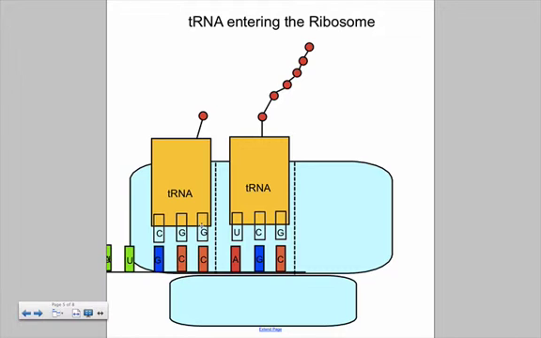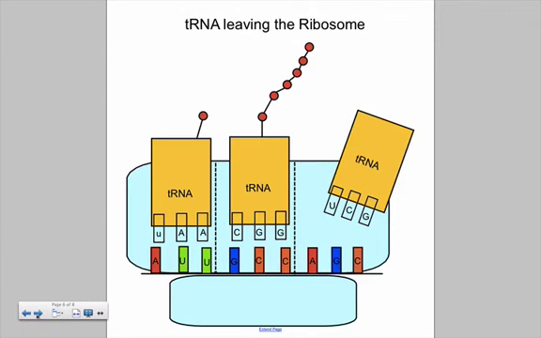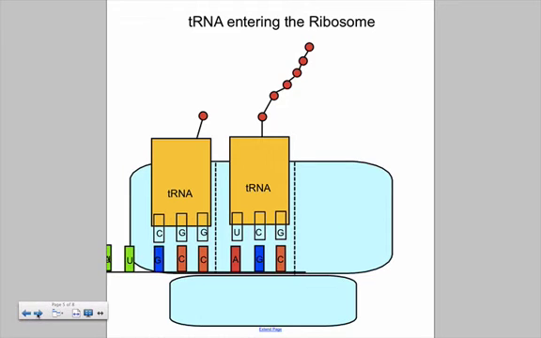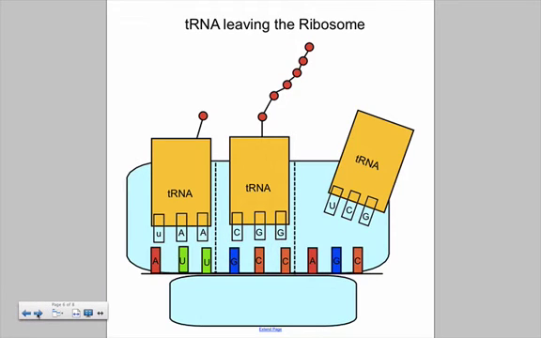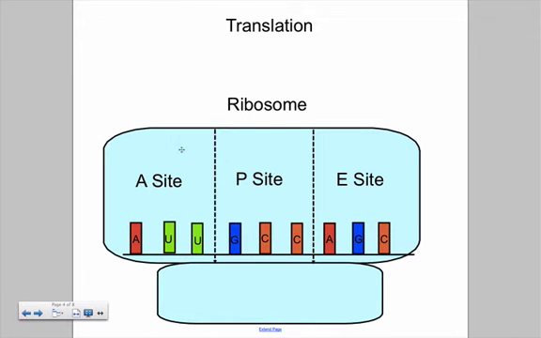As we can see, the RNA molecule is traveling from left to right, and it is going to continue to move through this ribosome. As it moves through the ribosome, it goes through those different sites that we looked at in this slide: the A site, the P site, and the E site.